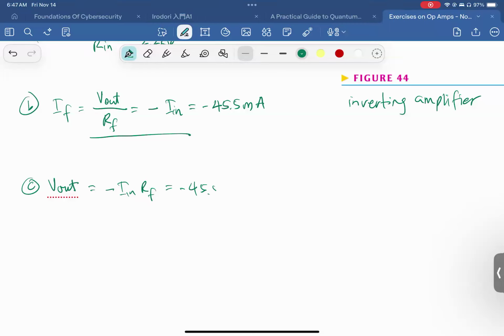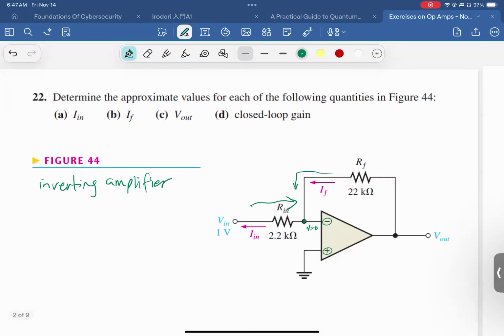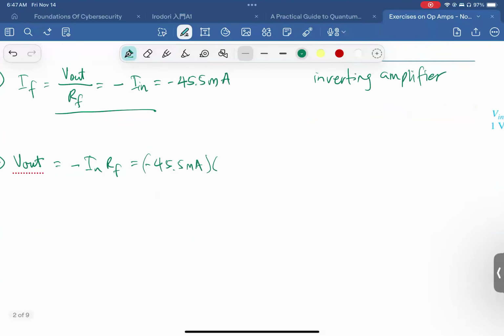Yan ay equal sa negative 45.5 milliamperes. Pwede rin feedback, ay hindi, input. So input negative 45.5 milliamperes times feedback resistance na 22 kilo ohms.